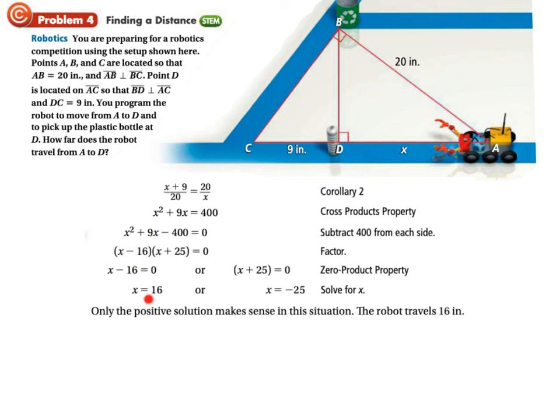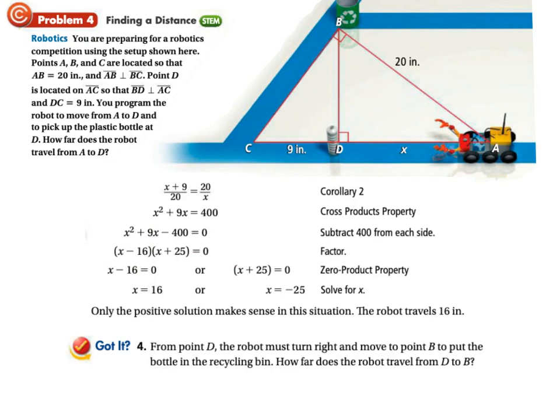So the robot travels 16, and we know the units were inches. Okay, from point D, the robot must turn right and move to point B to put the bottle in the plastic recycling bin. How far does the robot travel? What is that altitude?